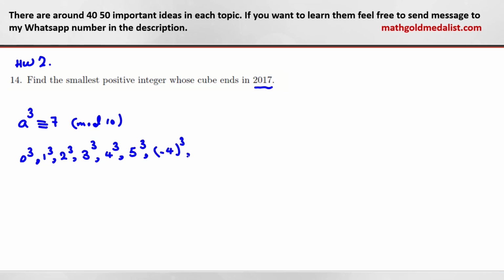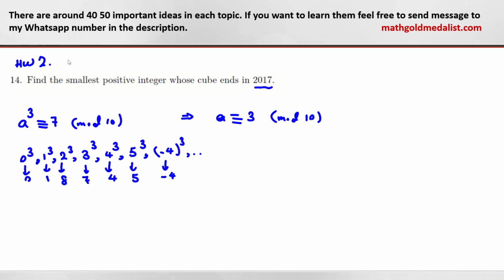So this one is 0, this one is 1, so negative 1 cubed or 9 cubed is negative 1. 7 is negative 3. Only one option works, so A mod 10 should be what? 3 mod 10. Exactly. You did only this, right?